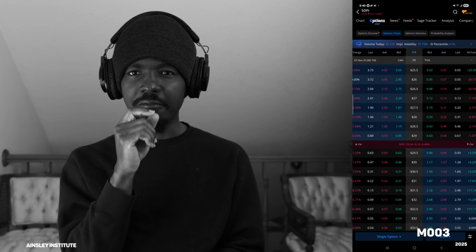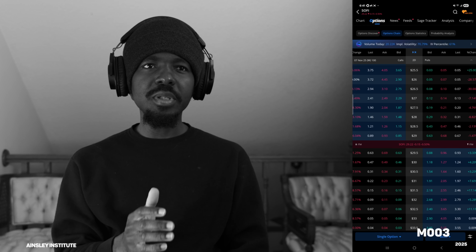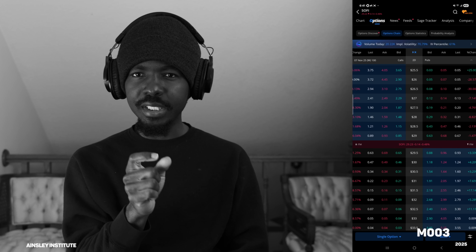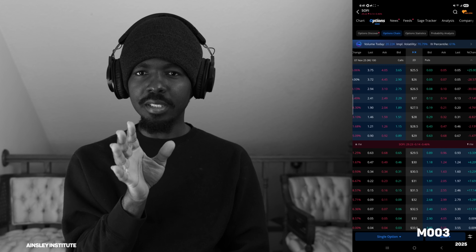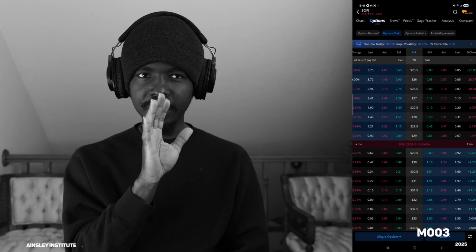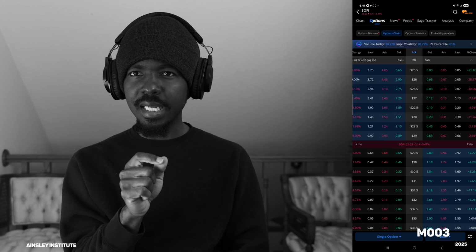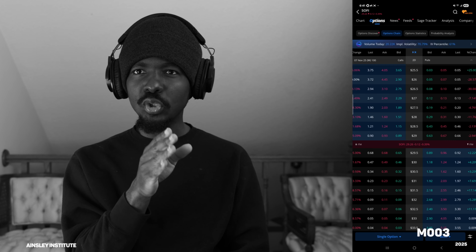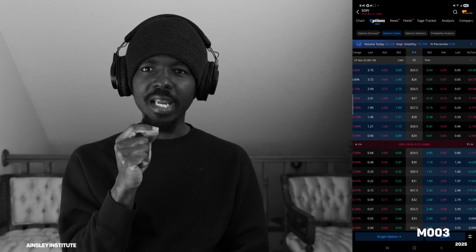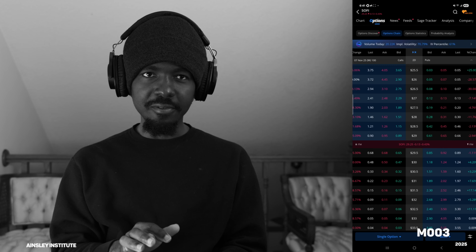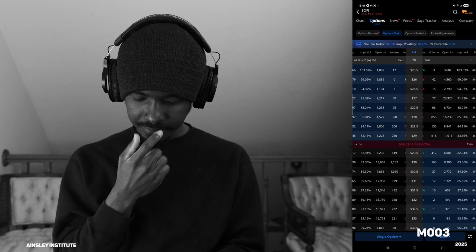Now let us examine the volume versus the open interest. The volume is the number of contracts that were traded today. The open interest is the number of contracts that are currently outstanding, which means that they are not yet closed or exercised for the strike price and the expiration date.